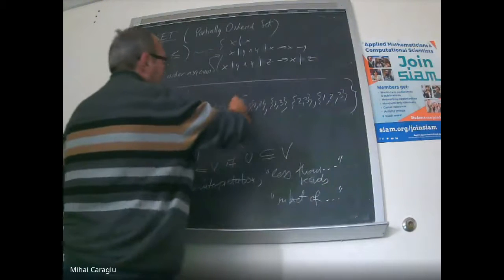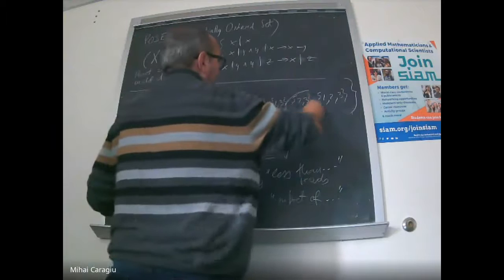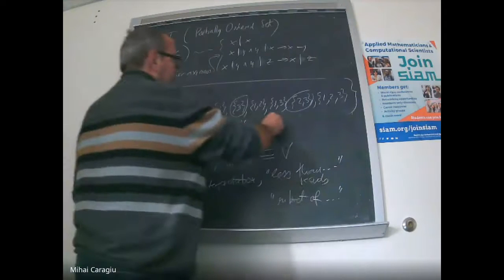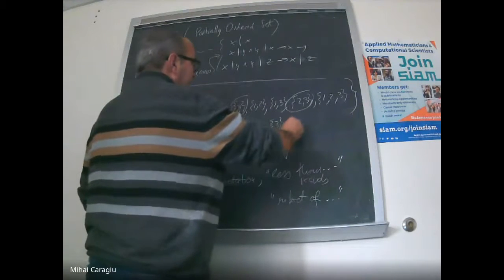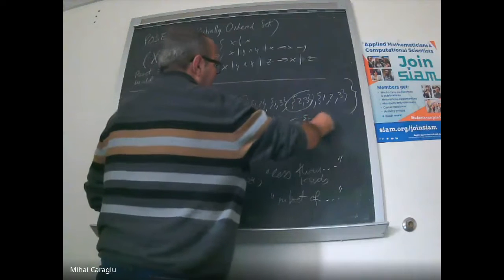For example, {3} is less than {2, 3} because the subset {3} is a subset of the subset {2, 3}.